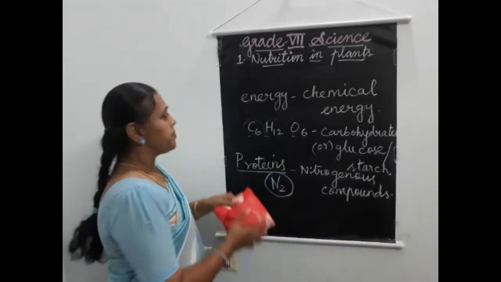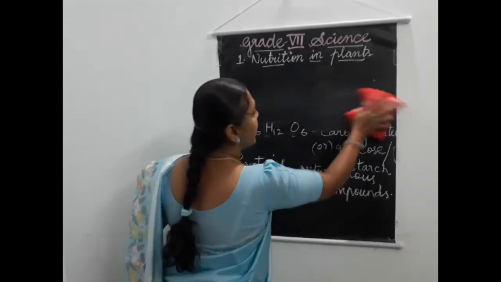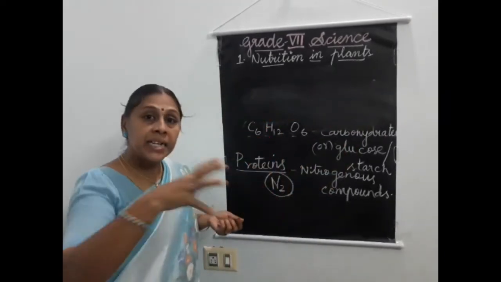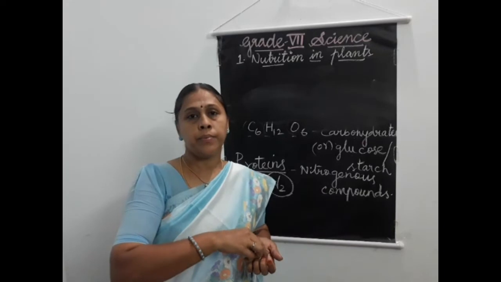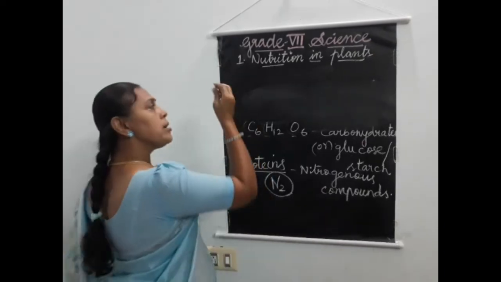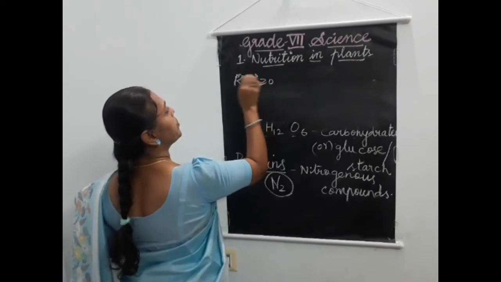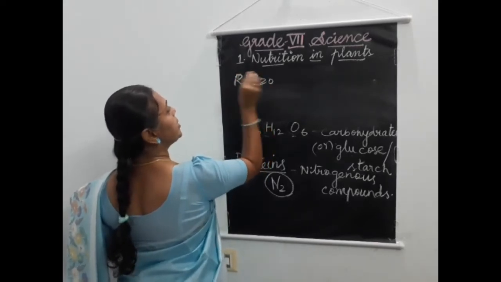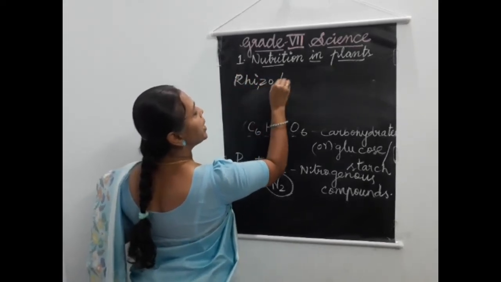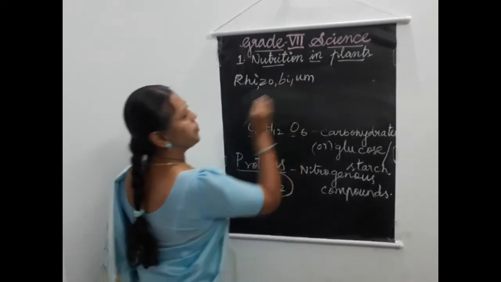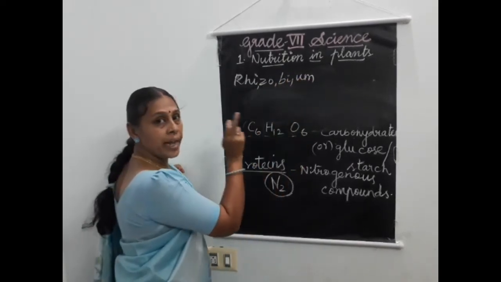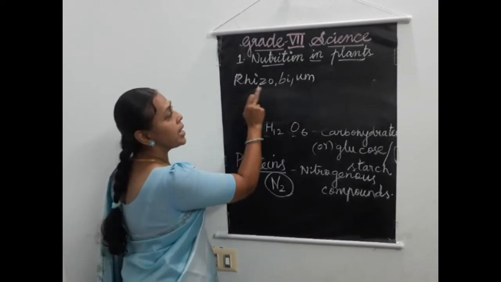For this, some bacteria present in the soil, one type of bacteria called Rhizobium, R-H-I-Z-O-B-I-U-M. What is the name of that bacteria?